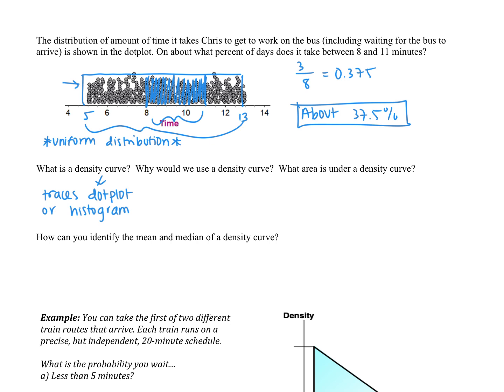Now, why did we use that? Why did we bother to draw that in? Well, if we really wanted to know what percent of days it took him between 8 and 11 minutes, we would have to count up all those dots. And I'm going to be honest, I don't want to do that. Hope you don't. I'm assuming you don't want to either. So why did we use one? So that we can avoid counting dots.